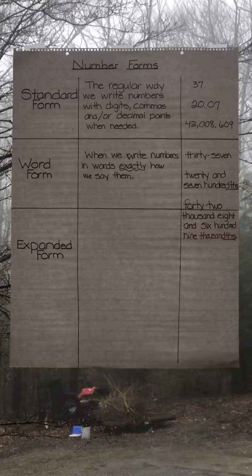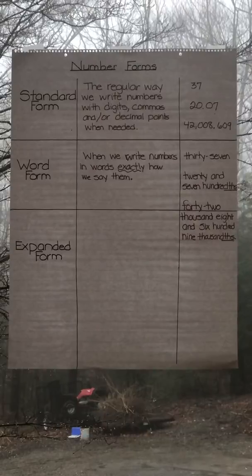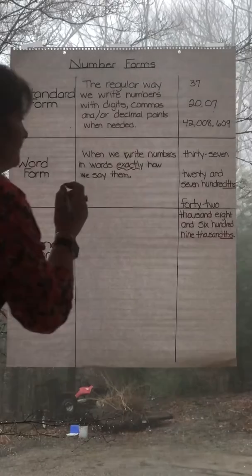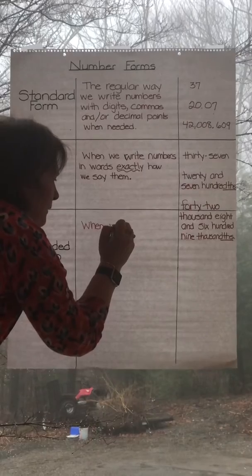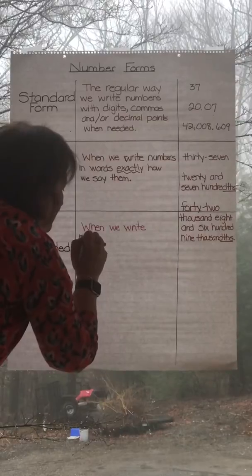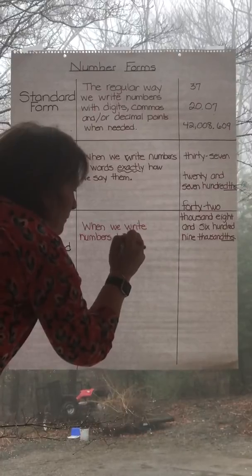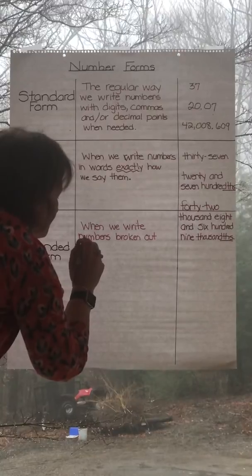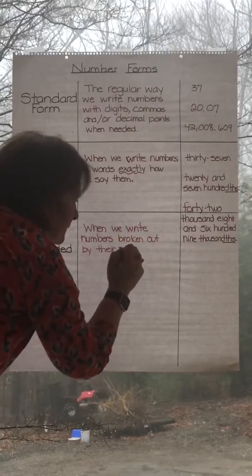So then we get to expanded form. Expanded form is the way we write numbers broken out by their place values. So, expanded form is when we write numbers broken out by their place values.